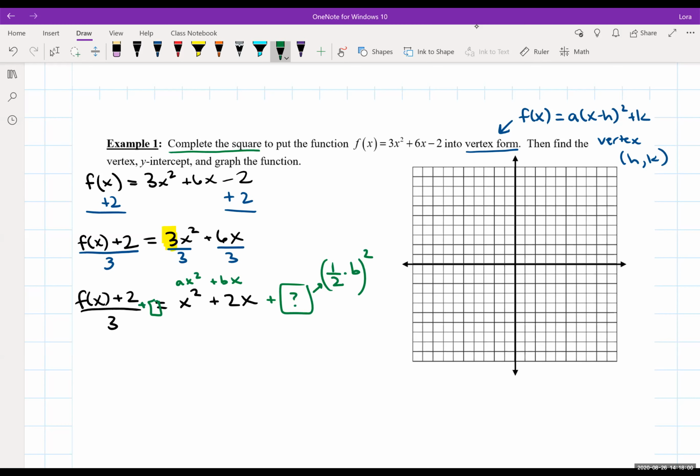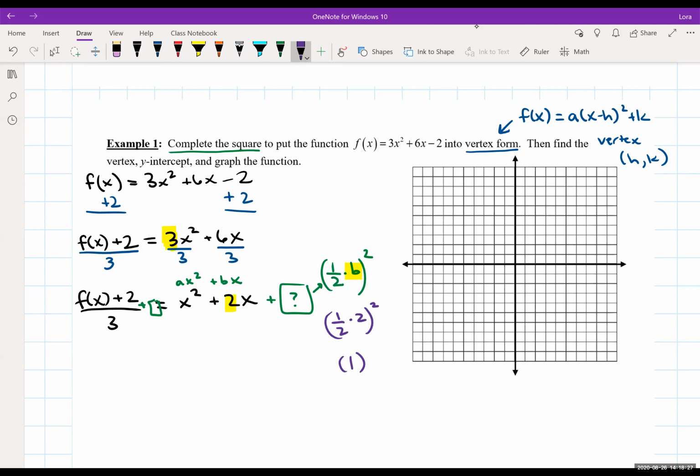Okay, so let's go through just really quick. The b term, in our case, b is 2. So just a quick computation on the side. I like to write it out because I may use it again later. It helps with the factoring. Half of 2 ends up being 1. If it ends up being a fraction, don't freak out.